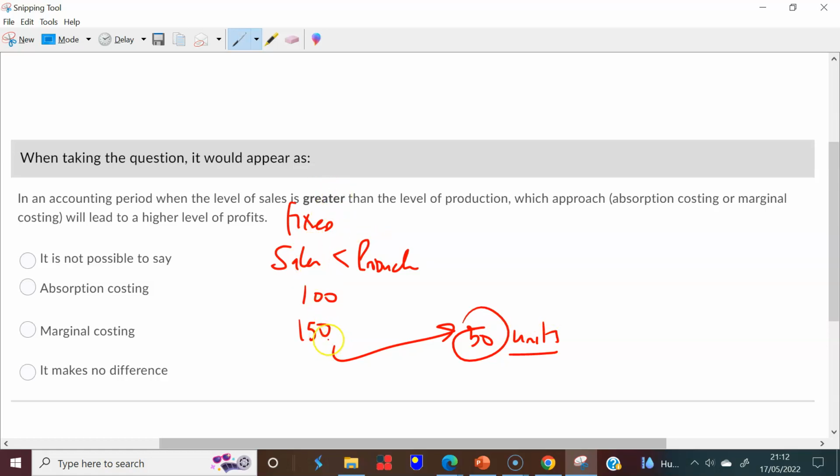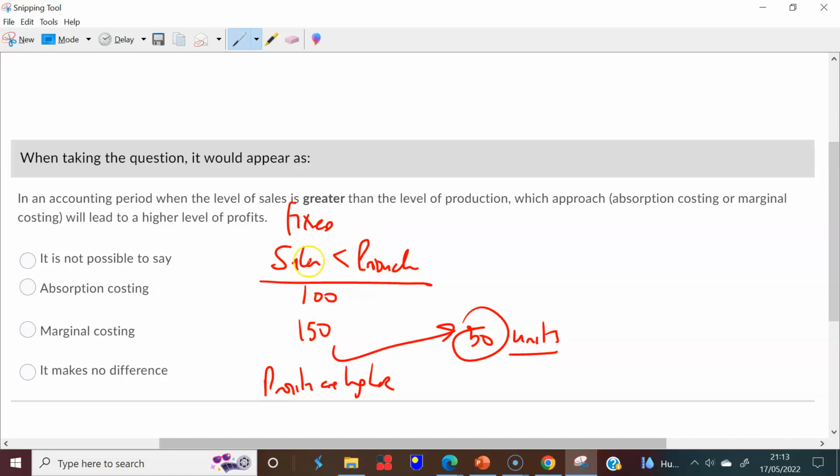In this scenario, these 50 units will absorb some of these fixed costs, so because of that, they remove some of those fixed costs from this period. And so because they remove some of those costs, the profits here are higher in absorption costing when you produce more than what you sell, right?